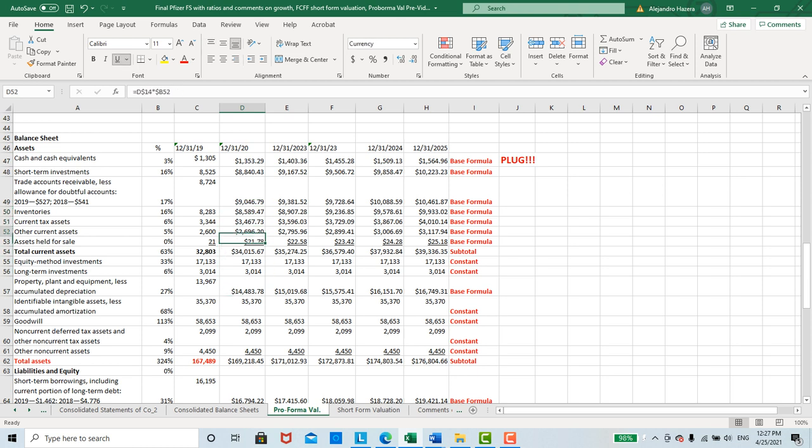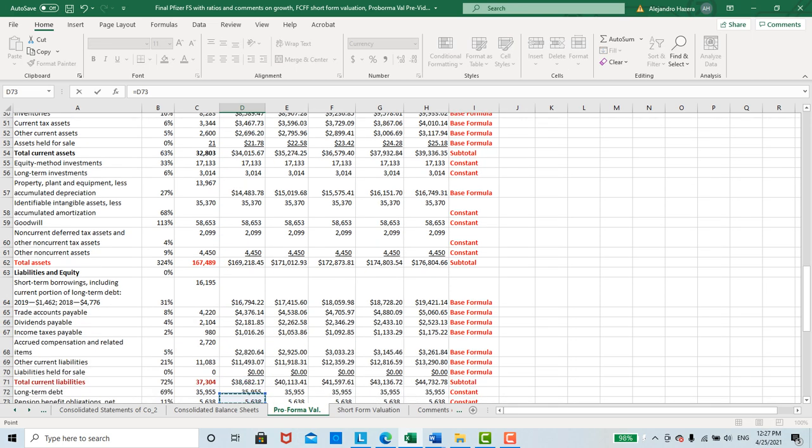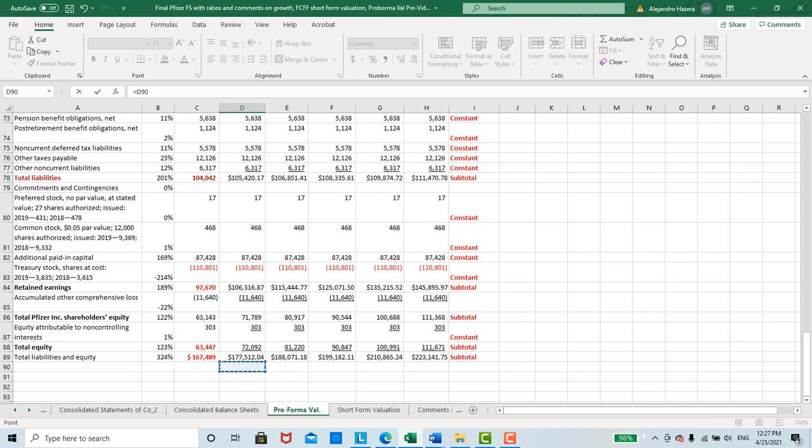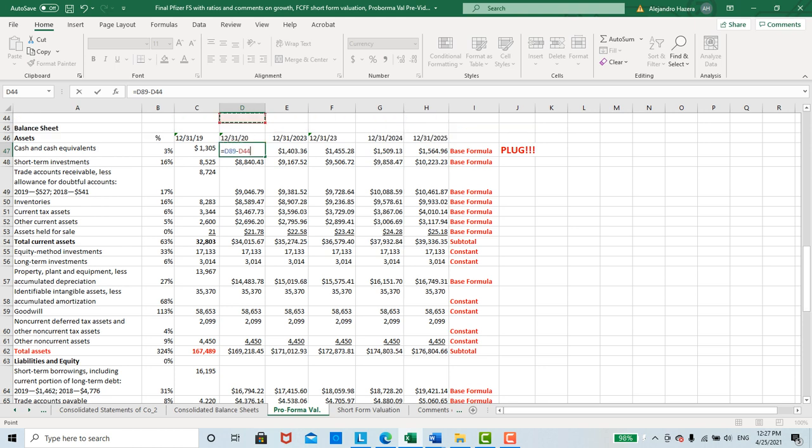I'm just going to take the other side of the balance sheet, that number right there. In order to get it to equal and to use cash as my fill number, for cash, I'm going to take P89, which is my total liabilities and equity, and subtract out every single non-cash asset.